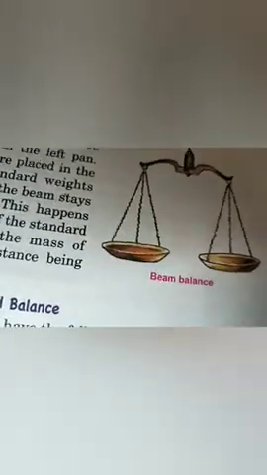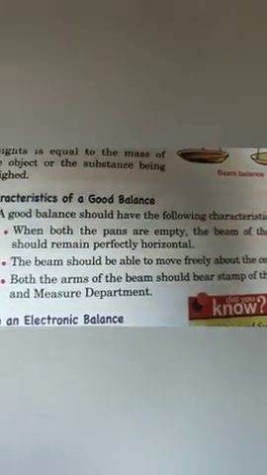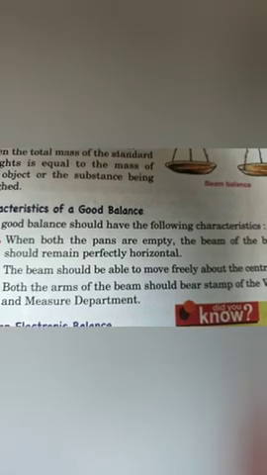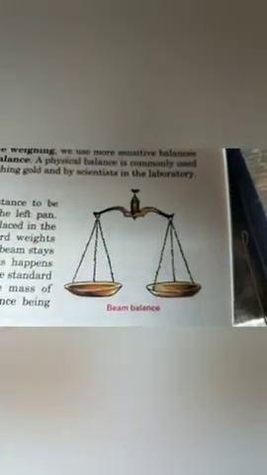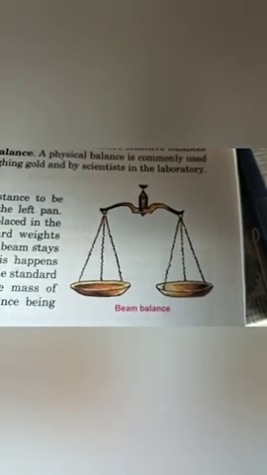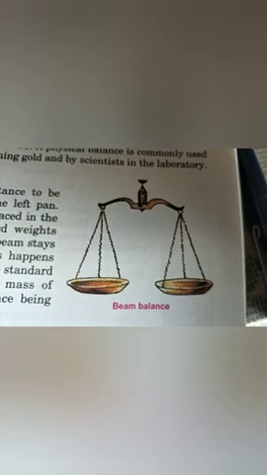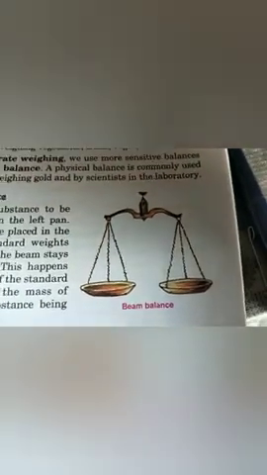Now there are some characteristics of a good balance. Both the pans should be in a parallel line, perfectly horizontal when nothing is there. Otherwise we cannot measure accurately.